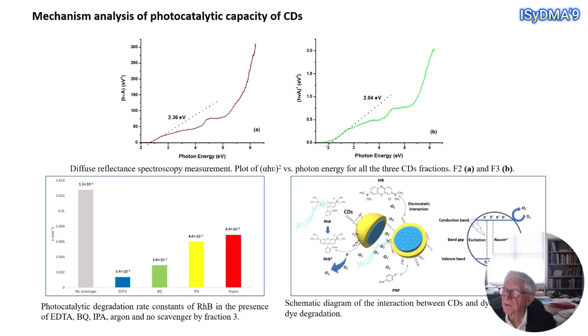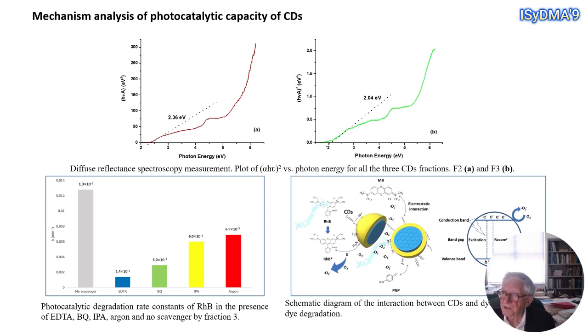The next was related to the use of scavengers to see if the hole is important, if the oxygen radical is important, and so on. That's the reason why I used EDTA, which interacts with the hole, and benzoquinone, which interacts with the oxygen radical, and finally IPA, isopropyl alcohol, and argon when we eliminate oxygen.